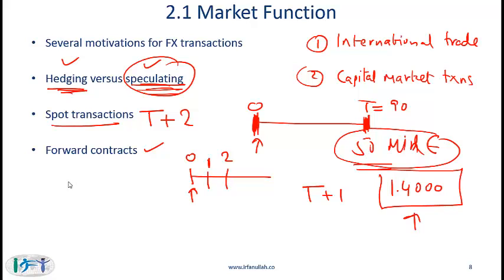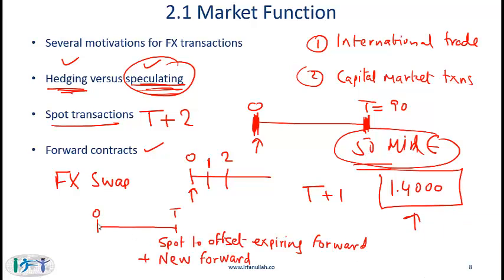A related term that is mentioned here in the reading but not mentioned in the learning objectives is an FX swap. And just to be safe, I will describe an FX swap very briefly over here. Let's say that at time zero, we get into a forward contract which expires over here.